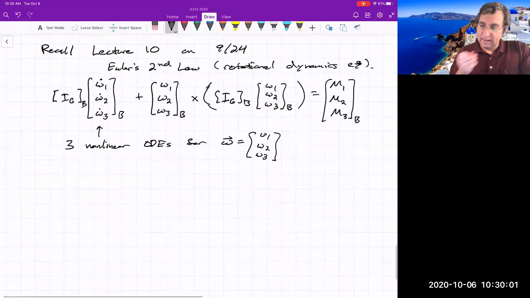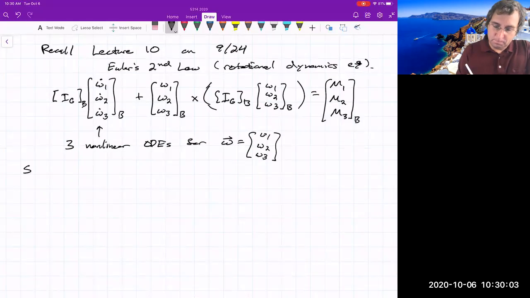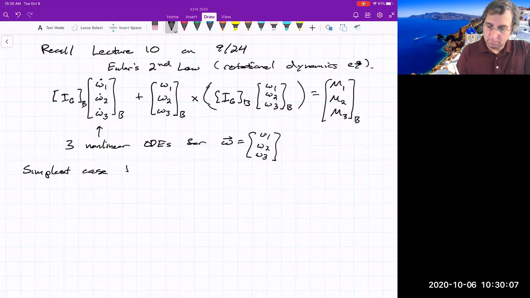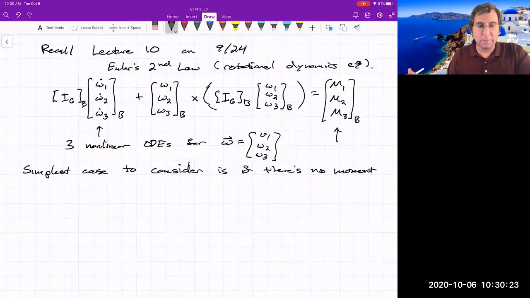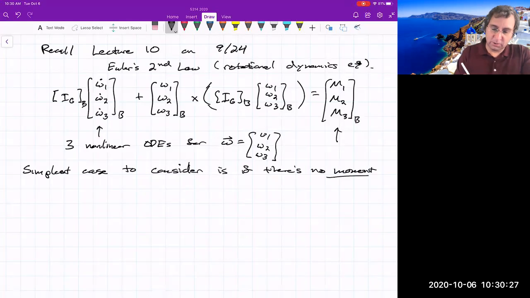So the simplest case that we will consider is if there's no moment. That just means these m's over here are all equal to 0. You could say no moment, or equivalently no torque.